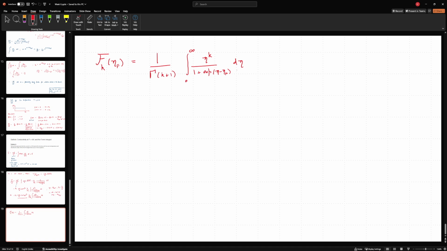So this is the formula for the Fermi integral. This is what is called a Fermi integral.